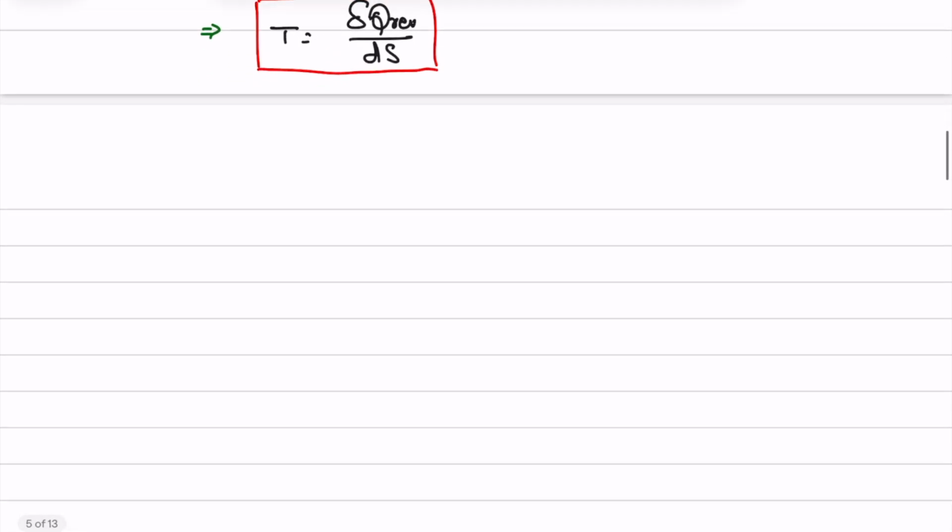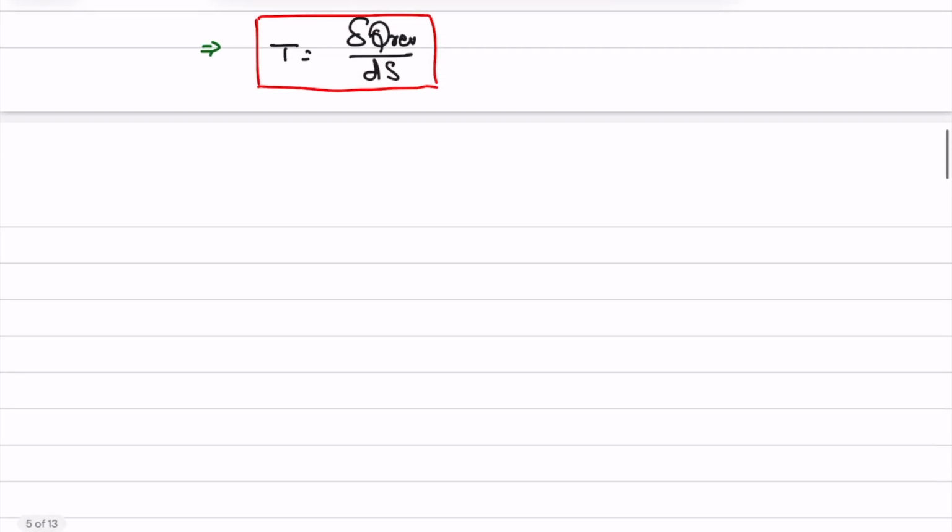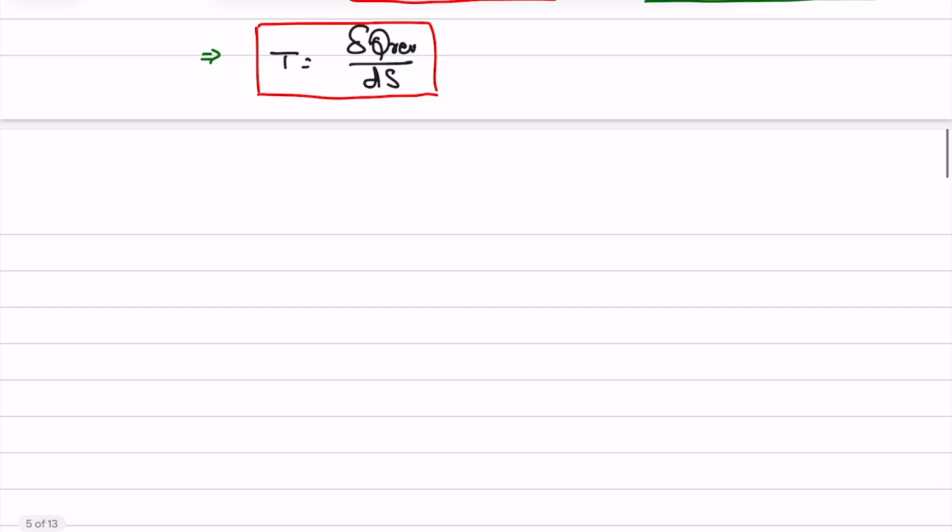Now, dU is nothing but δQ reversible plus δW. You just see, from definitions we are deriving. dU is equal to δQ reversible plus δW, the difference between non-exact differential and exact differential, which I have already explained in the previous class.